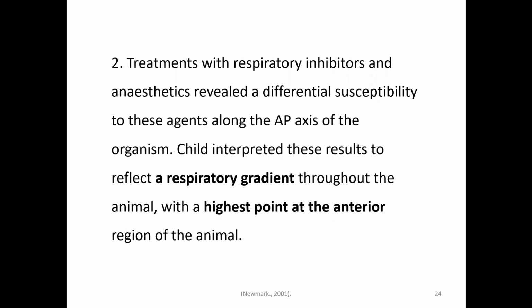Second, treatments with respiratory inhibitors and anesthetics revealed a differential susceptibility to these agents along the antero-posterior axis of the organism. Child interpreted these results to reflect a respiratory gradient throughout the animal, with a highest point at the anterior region of the animal.